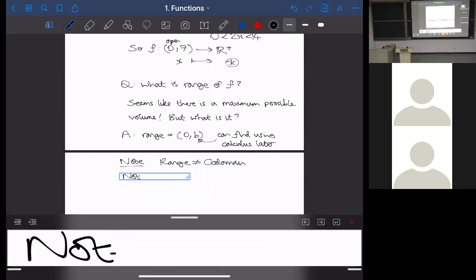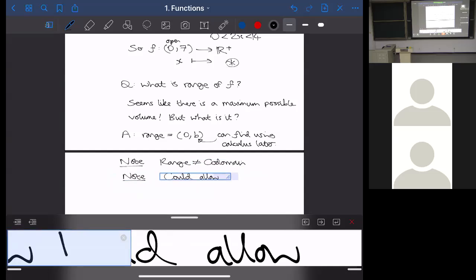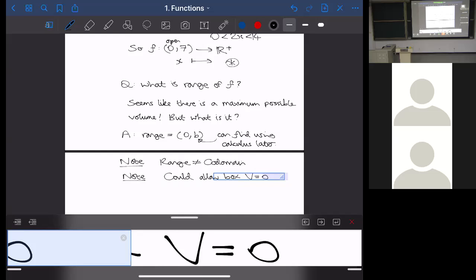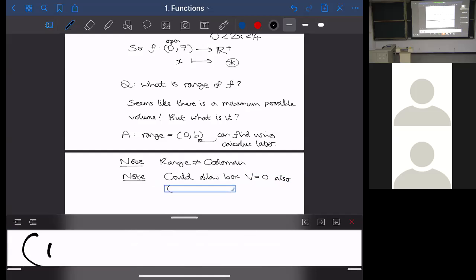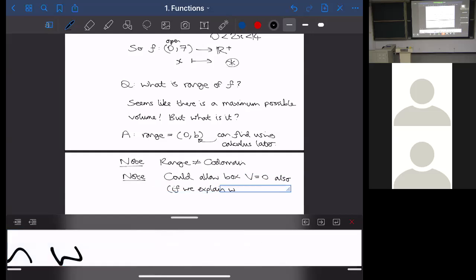And another note, we could allow box volume equals 0 also, if we explain what we're doing.